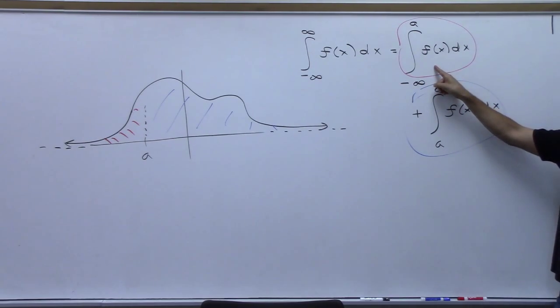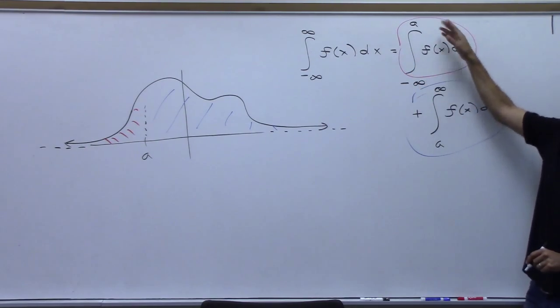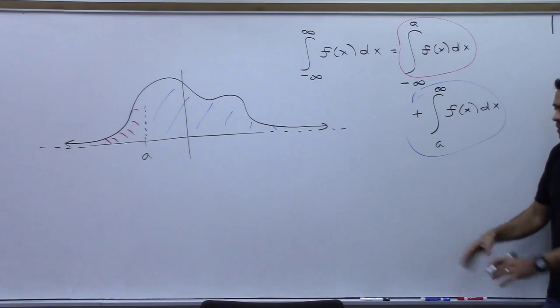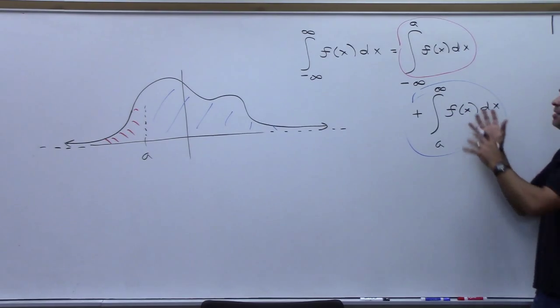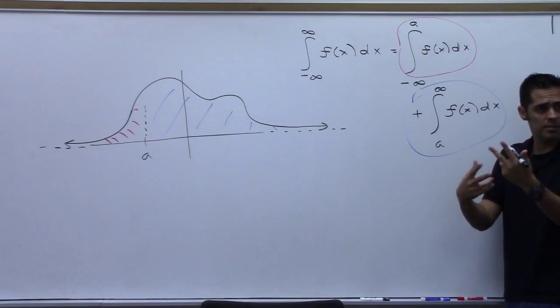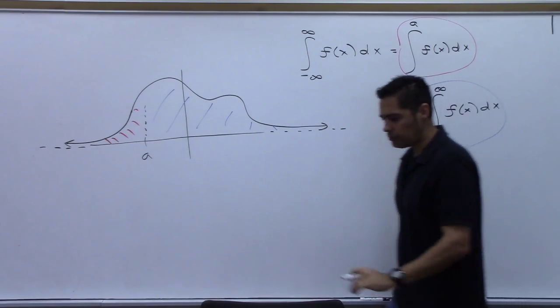This red one means you have to do a limit, right? Limit t goes to where? Negative infinity. So you have to rewrite that as a limit. This one, you have to do a separate limit. Limit t goes to infinity, and then rewrite it. So these two are examples of the previous case, aren't they? The previous two cases? We just put those two together into one answer. That make sense?